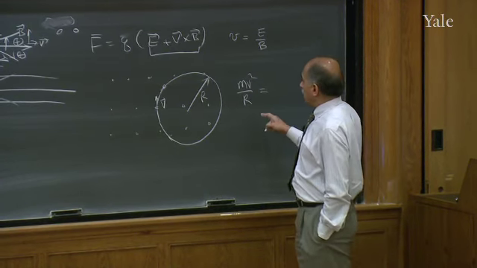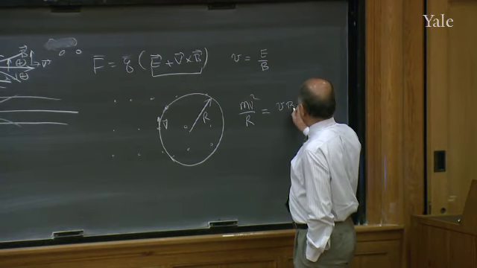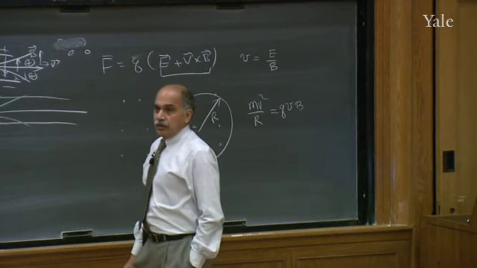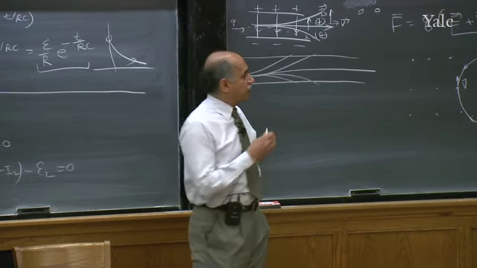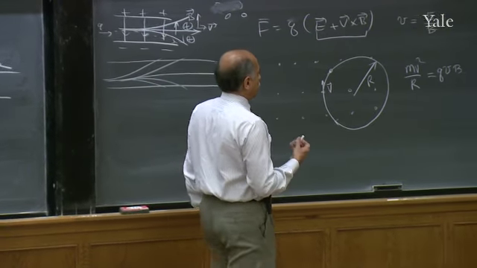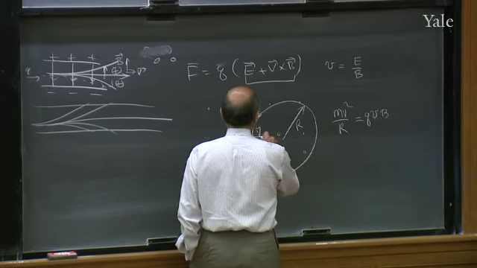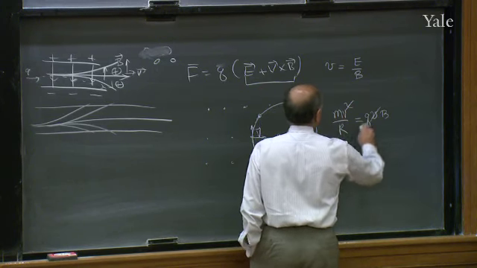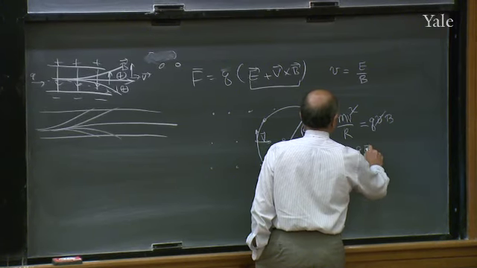That's going to be equal to the magnetic force, which is v times B times q. I didn't write the cross product because everything is perpendicular. Magnetic field and v are perpendicular, so the cross product in magnitude is just v times B. The direction of the force is, of course, towards the center. If you balance these two equations, you find v over r is qB over m.